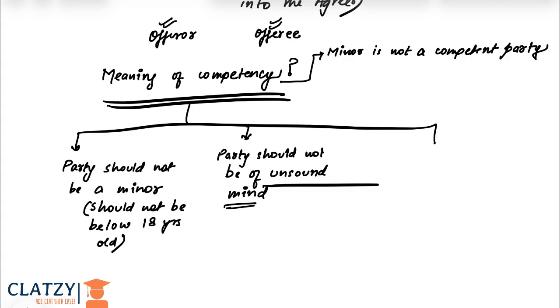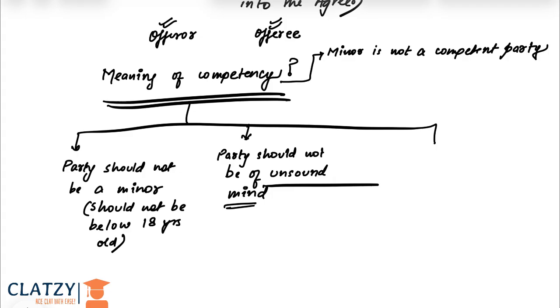What do you think logically? How would his mental condition be? We know that anybody who consumes alcohol, what does alcohol do to your mind? All of us know that if alcohol is consumed in an excess quantity, then your mind stops functioning properly. You will not be able to understand what is happening around you. So that can be an example of when the mind becomes unsound.